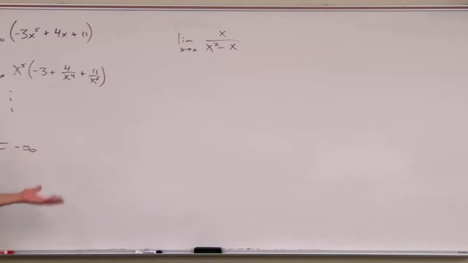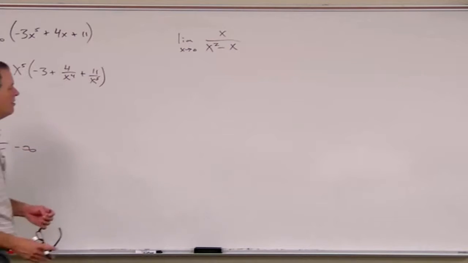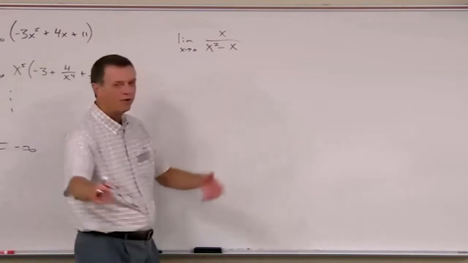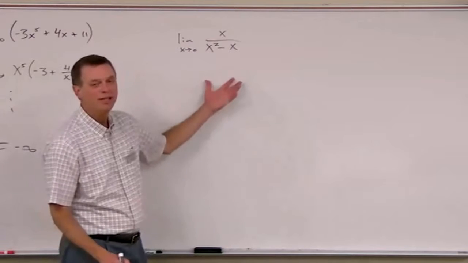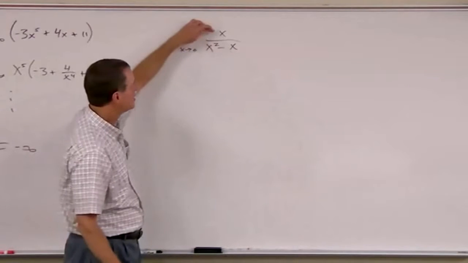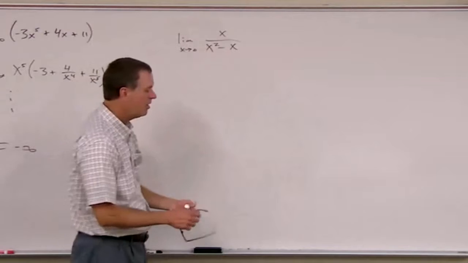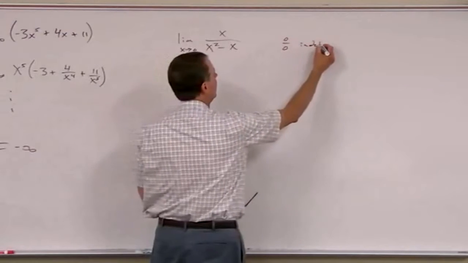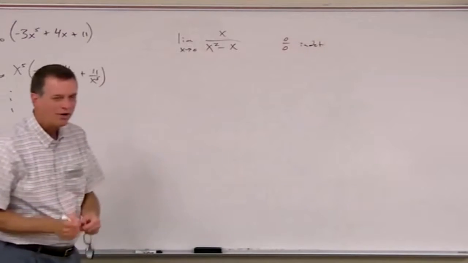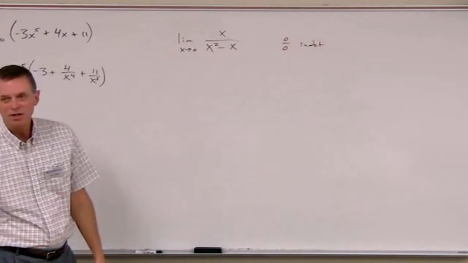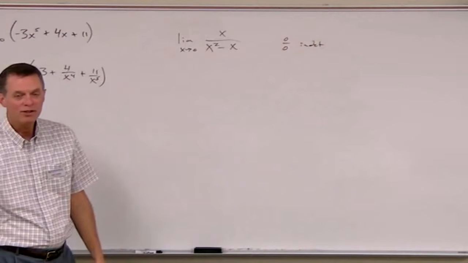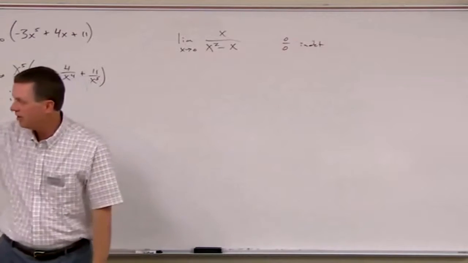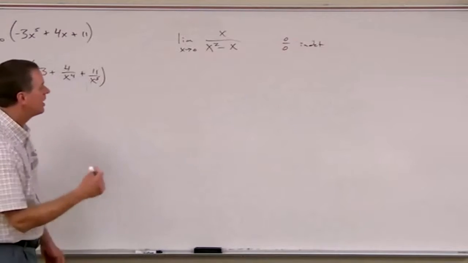Oh, okay, so you made it a product. I got you. That's what I was going to suggest. First thing is, just try plugging in, see if it works. You get 0 divided by 0, so it's an indeterminate form. Again, I would encourage you to try that first because you might run into one that you don't have to spend a lot of time doing all this extra algebra and just get the answer.